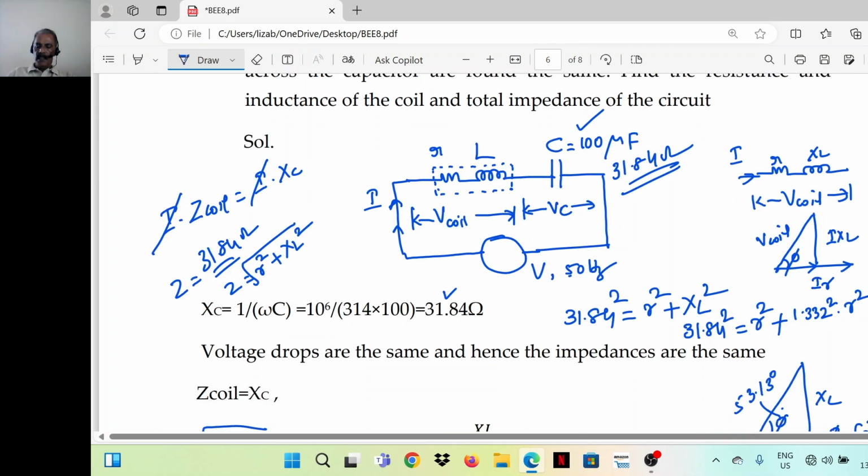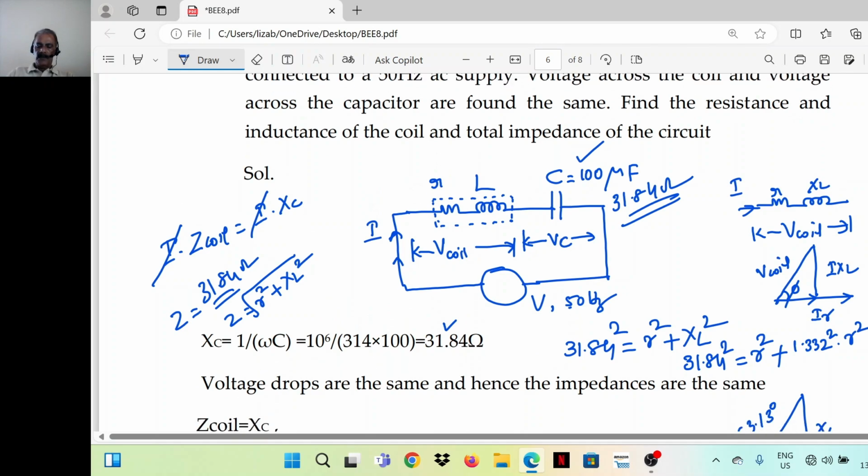So what we did here: the given clue was that the voltage across the coil is the voltage across the capacitor. Capacitor value is given, so we can find out the capacitive reactance. Then capacitive reactance should be equal to the impedance of the coil, because these two voltages are the same.